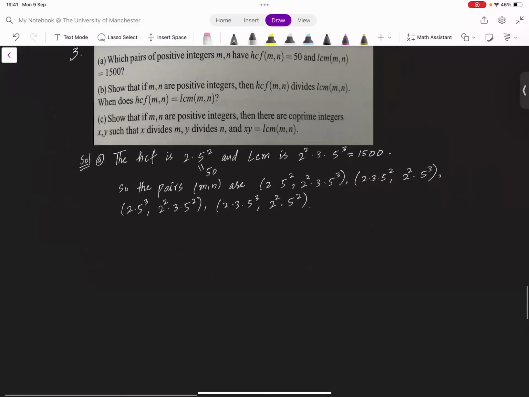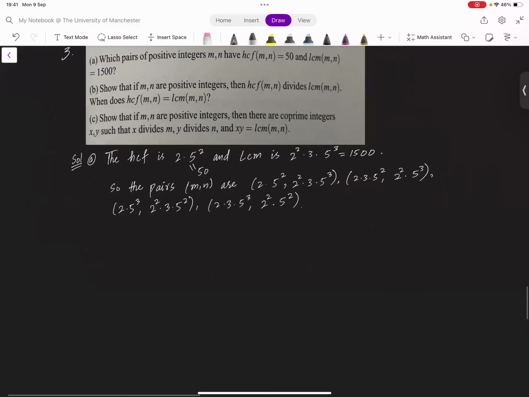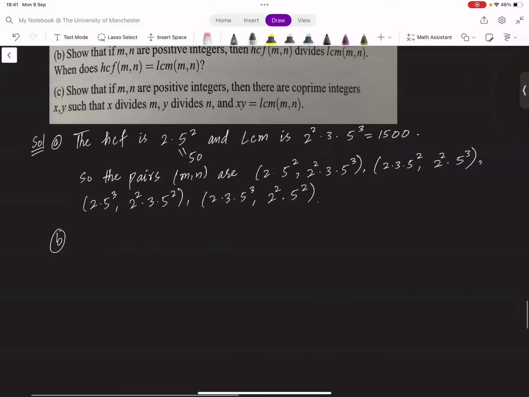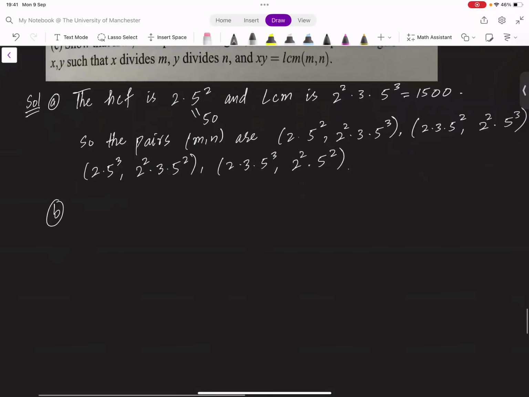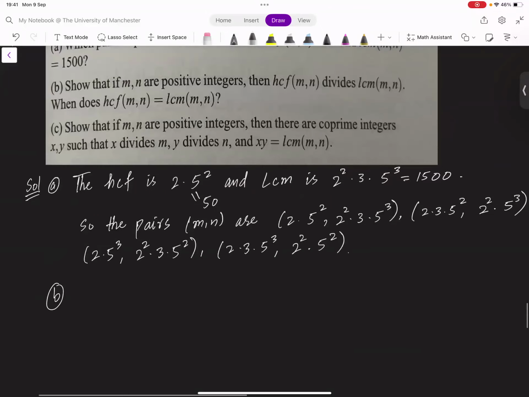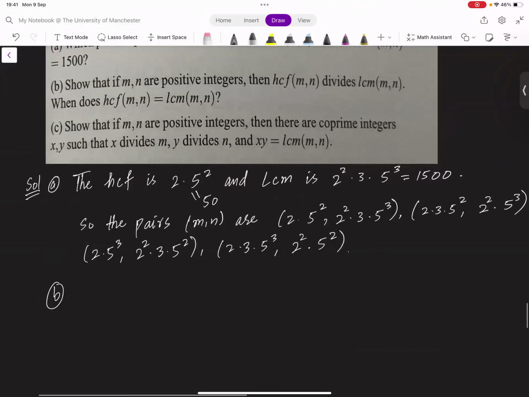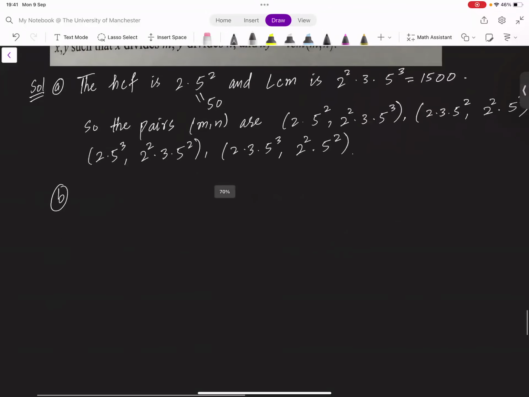Part B is, show that if m and n are positive integers, then the HCF divides the LCM. When is HCF equal to LCM? So we need to find out when HCF divides LCM and when they are equal.